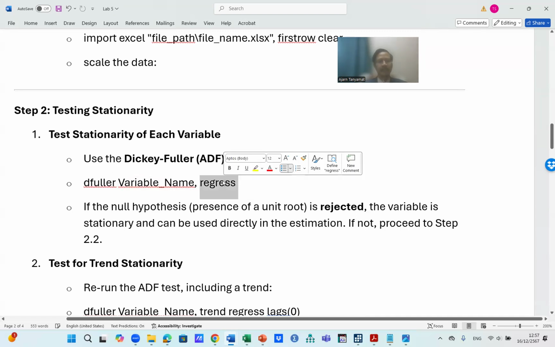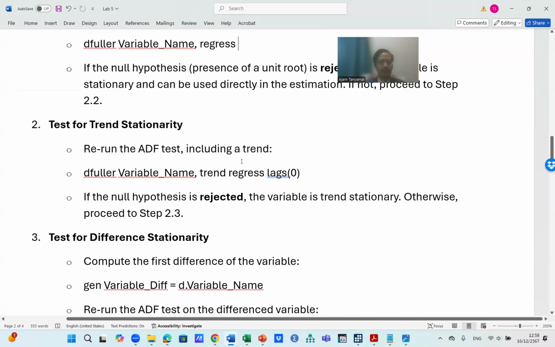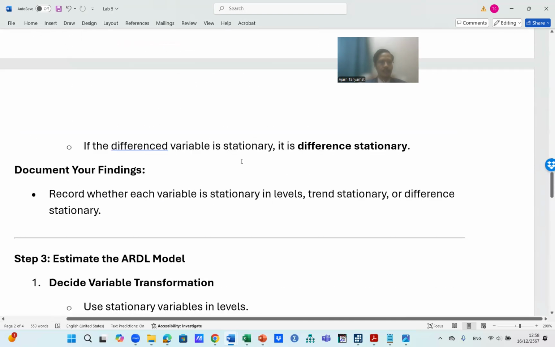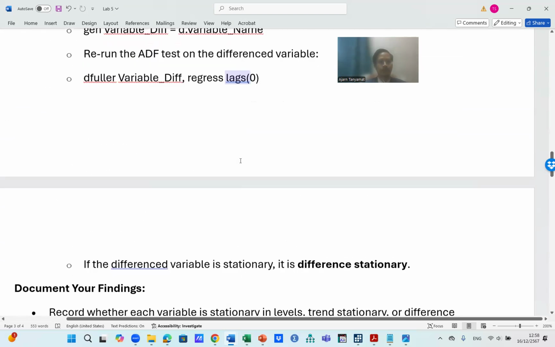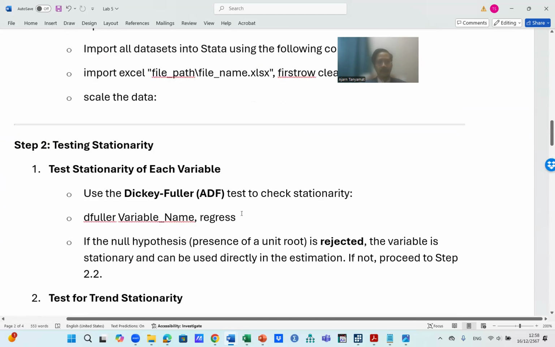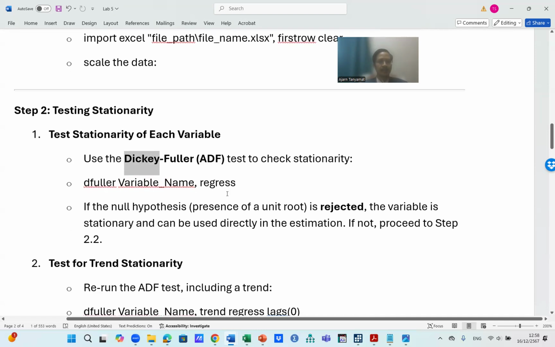And then the option regress is just to show the regression results as well, instead of just showing the Dickey-Fuller test. So yeah, okay, so I just asked you to do Dickey-Fuller. Fine. You may choose to do the augmented Dickey-Fuller, but that would require a little bit more knowledge in terms of choosing the lag length. So in this exercise, we're not going to do that. Just do Dickey-Fuller.